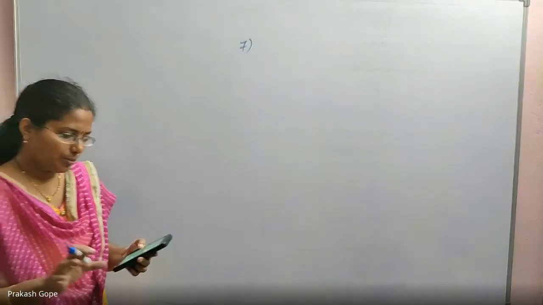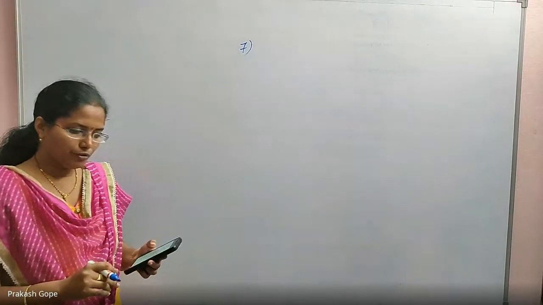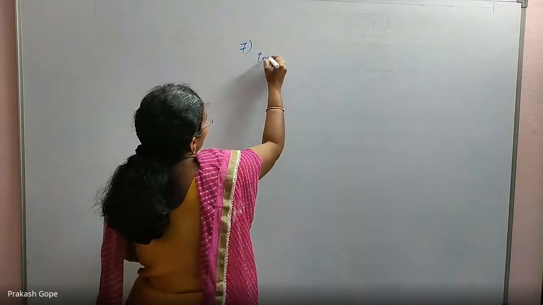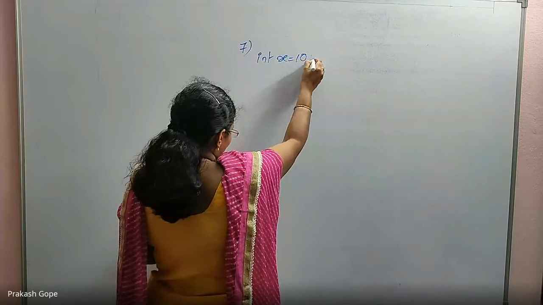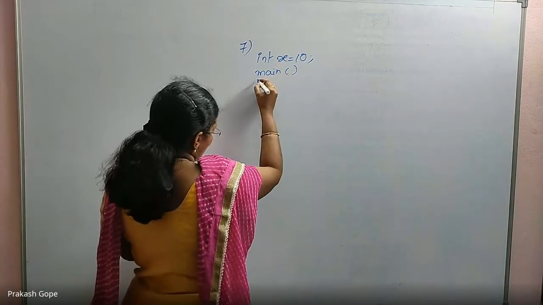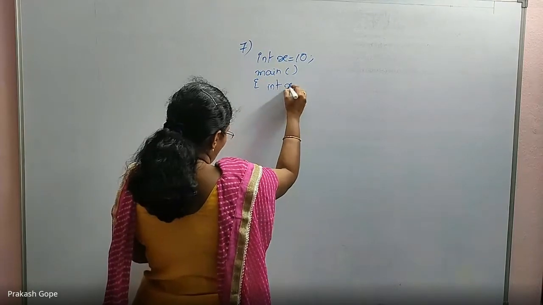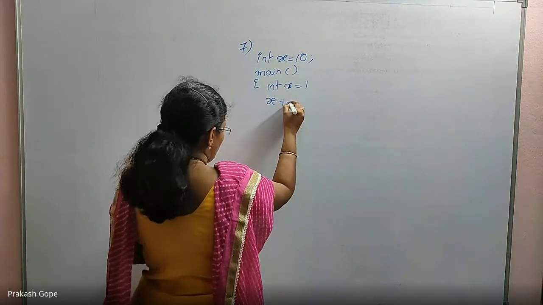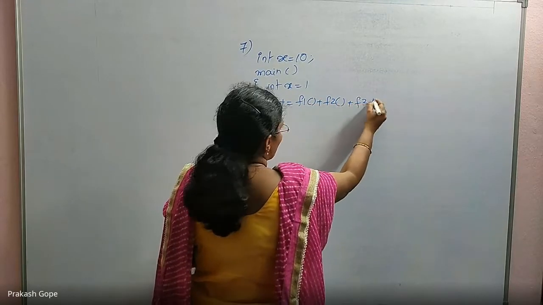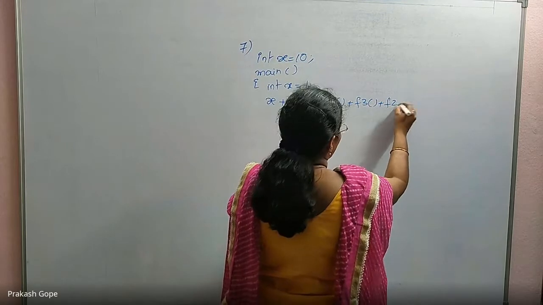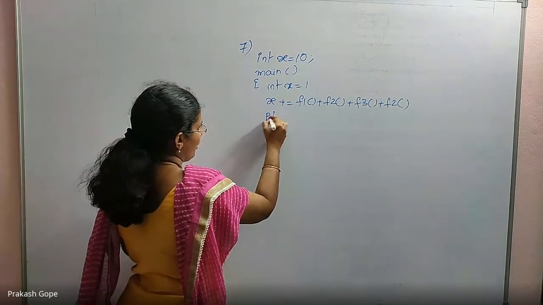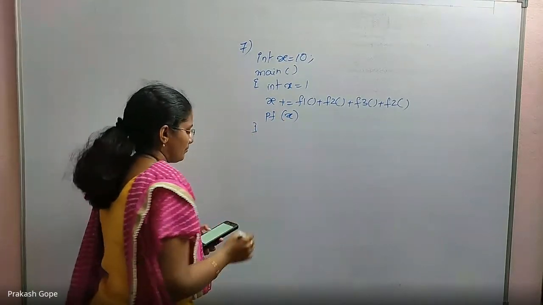Consider the following C program. Hash include, F1, F2, F3 prototypes are given. Then there is a variable called int x, which is initialized to 10, which is global x. Then there is a main function in which int x equal to 1, x plus equal to f1, f2, f3, f4. Sorry, f2 again. Then printf x value, return.